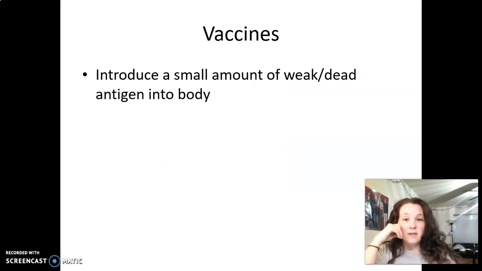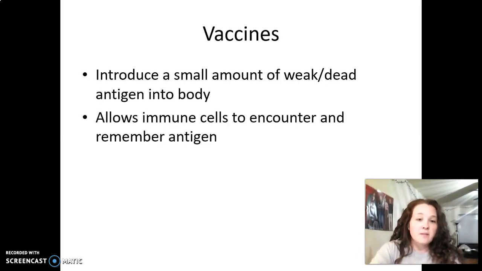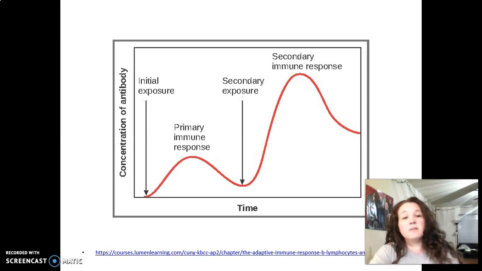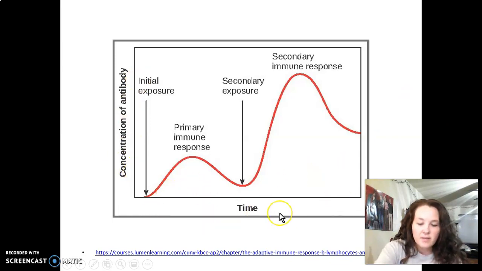Vaccines capitalize on this by introducing a small amount of weak or dead antigen in the body, and the immune cells can encounter the antigen, they can remember it, and they can reproduce an immediate response. So this graph shows the primary immune response. First of all, there's concentration of antibody on one axis, and there's time on the other axis. The primary immune response is what happens with the vaccine.